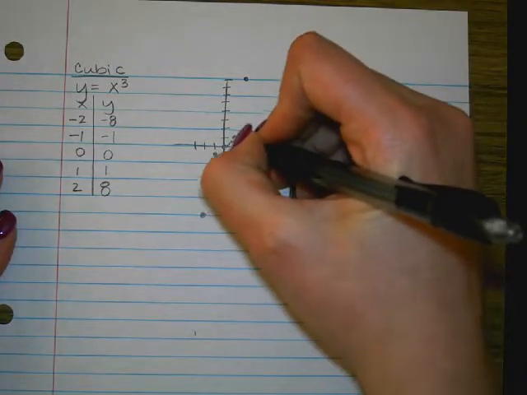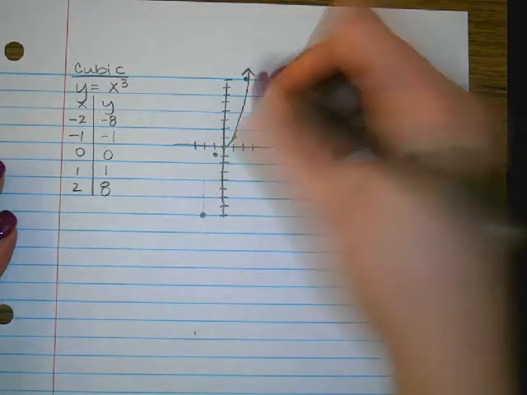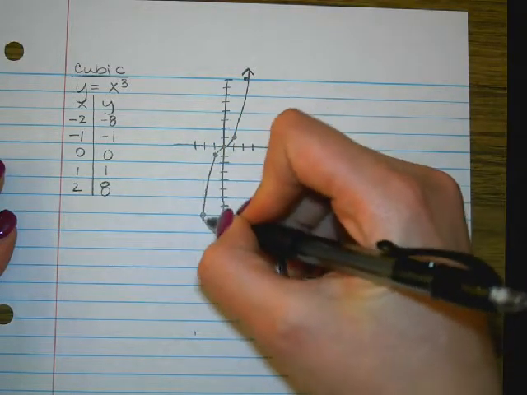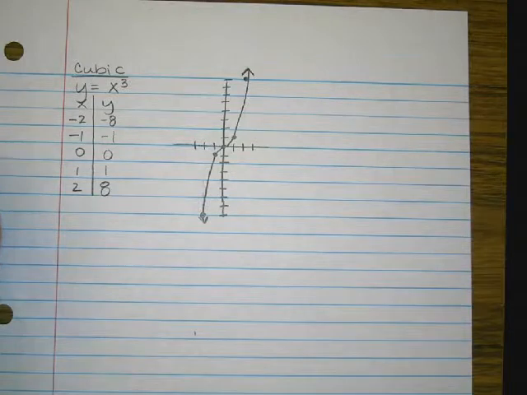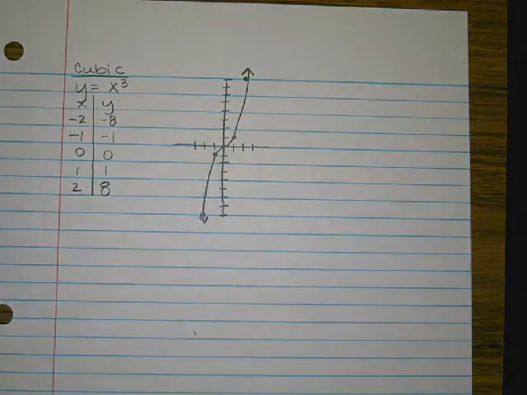So the right side curves up, and then the left side curves down, like that. So they're definitely not straight. People call cubic graphs S-curves sometimes. Doesn't quite look like an S, but that's what they call them. S-curves.